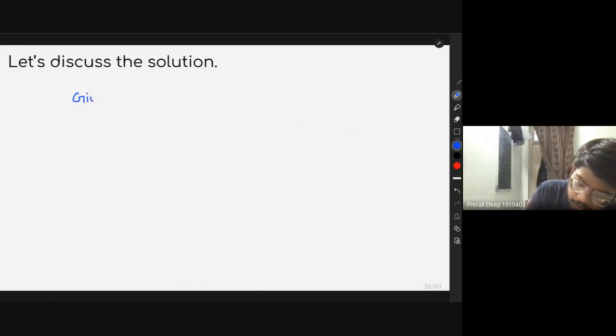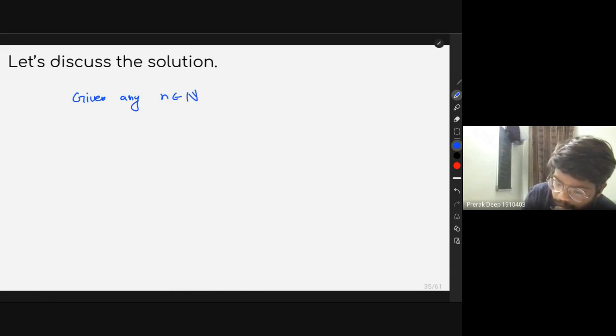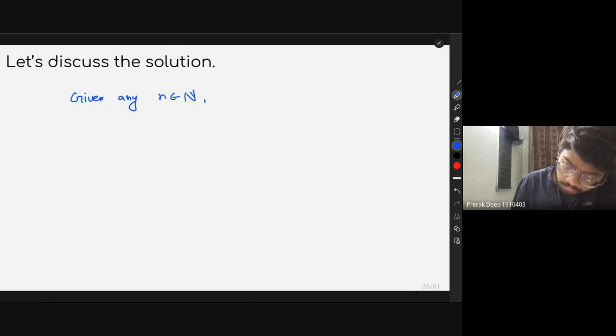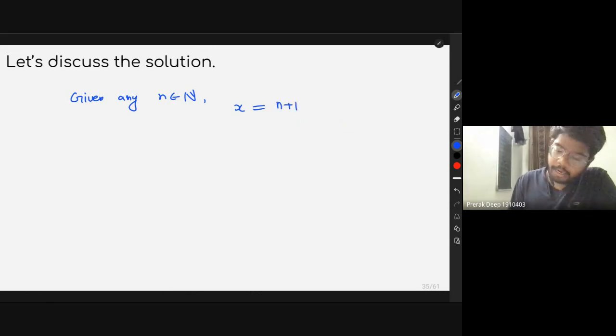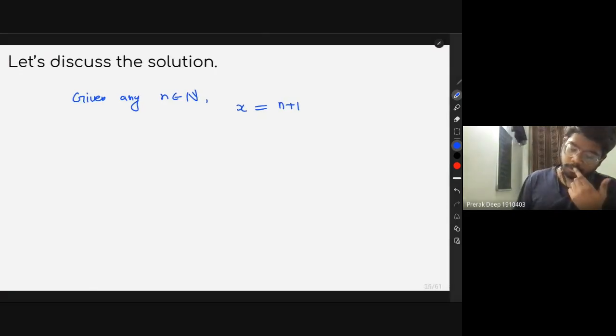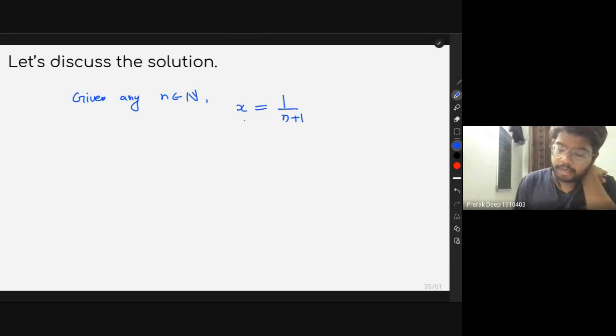Given any n in the natural numbers, we can take x to be 1 over n plus 1.